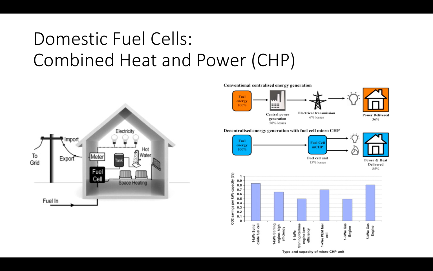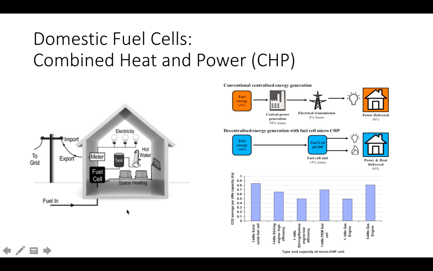So rather than using power generated by centralized power plants, as you can see in this diagram above, having an on-site or home fuel cell has proven to be a cleaner, cheaper, and more efficient method of energy generation. So an example of this fuel cell is shown in this picture here.